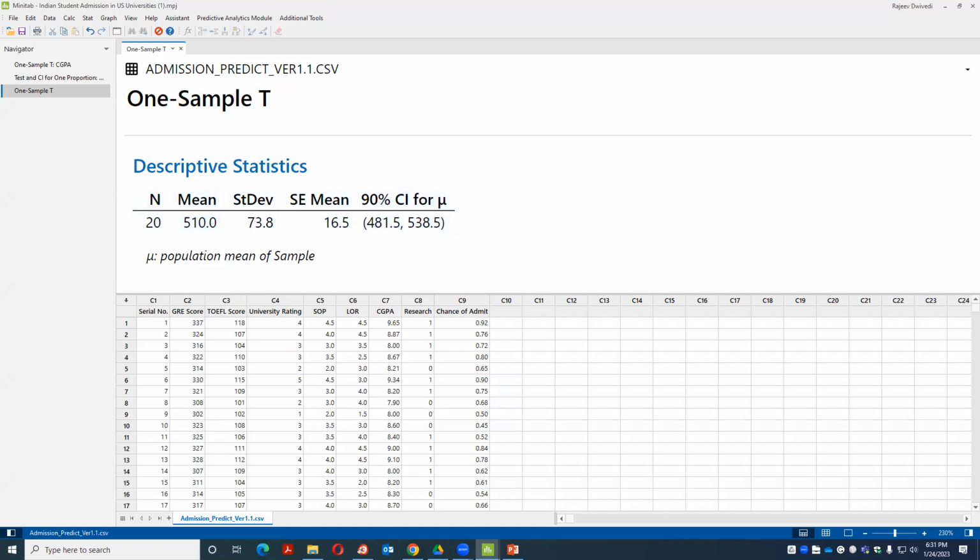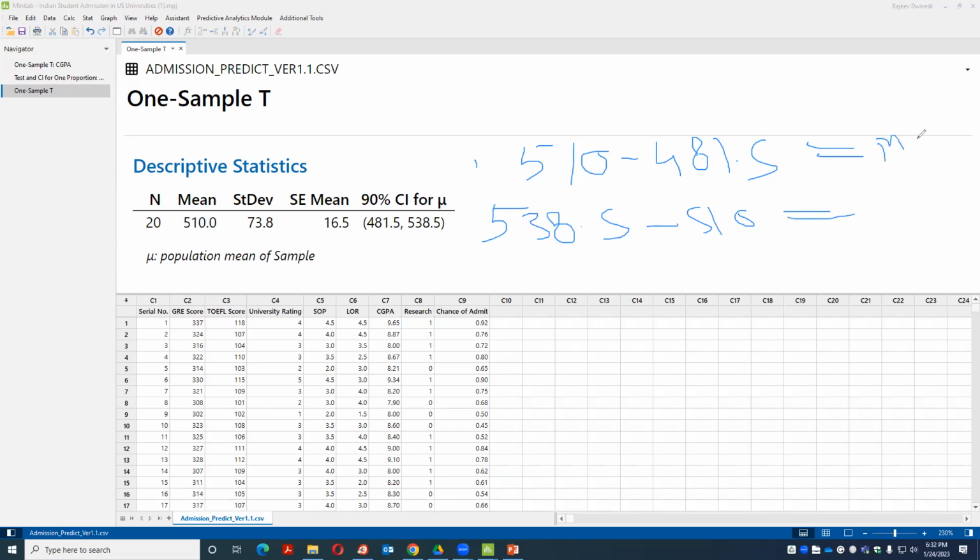You can simply do 510 minus 481.5, and you get the margin of error. Or otherwise, you can get 538.5 minus 510. This is the way you can get the margin of error.